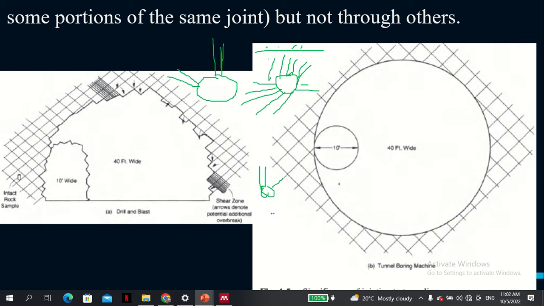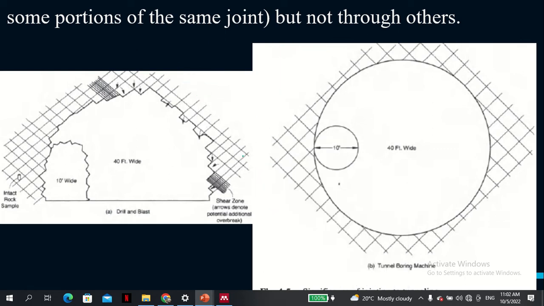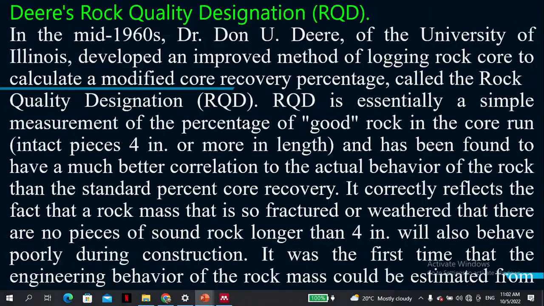So if there is some orientation to some angle, it increases the chances that your tunnel will be stable. That's the point. So the size effect, basically in a nutshell, is what we talk about here.